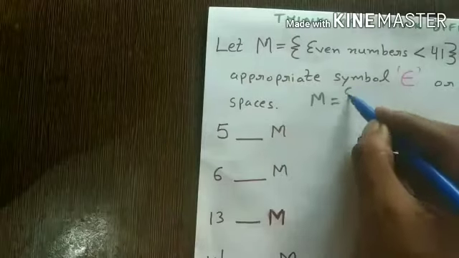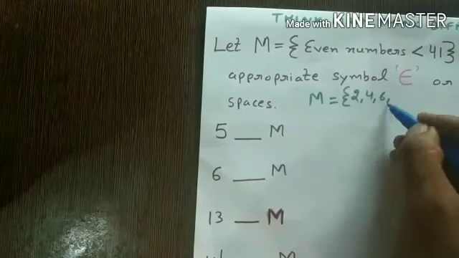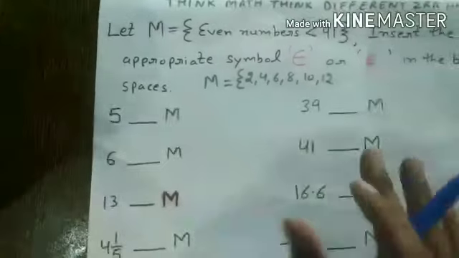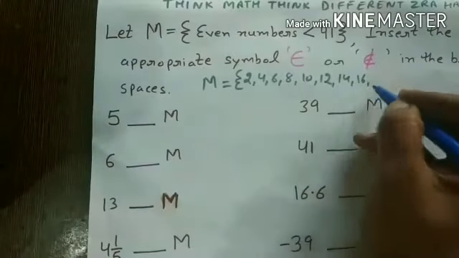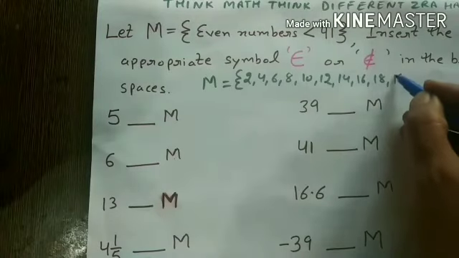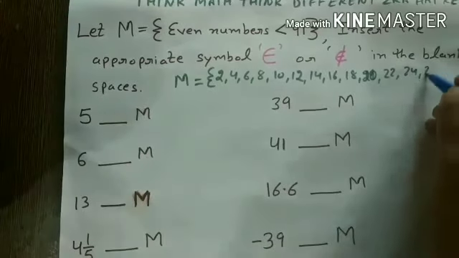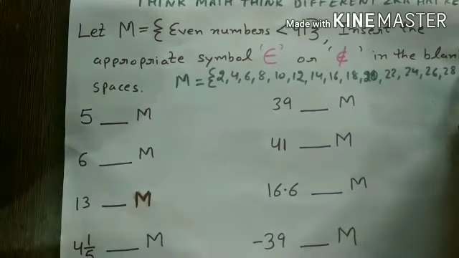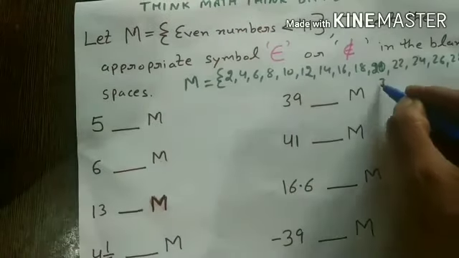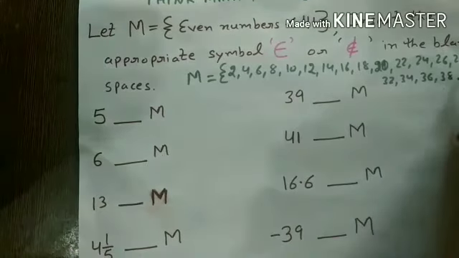The first even number is 2, after that 4, then 6, 8, 10, 12, 14, 16, 18, 20, 22, 24, 26, 28, 30, and after that 32, 34, 36, 38, and 40.